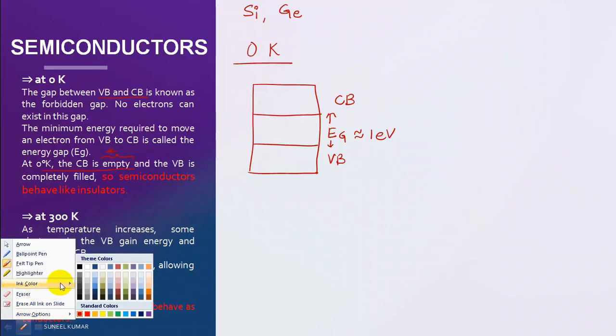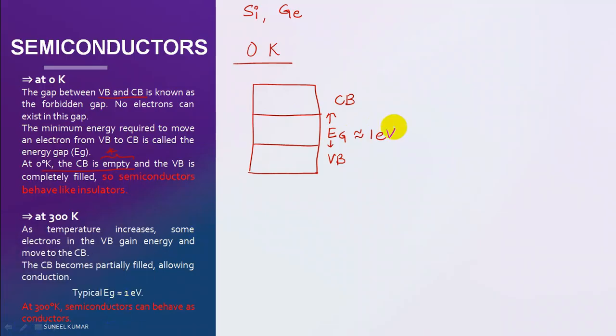If any electron wants to move to the conduction band, it must have this much energy to move from the valence band to the conduction band.